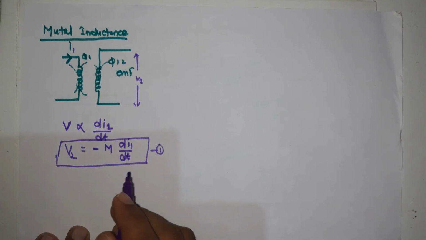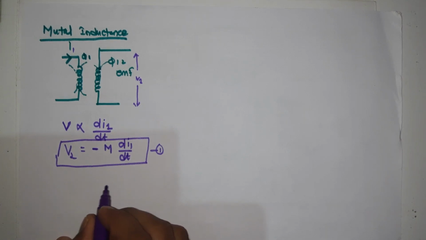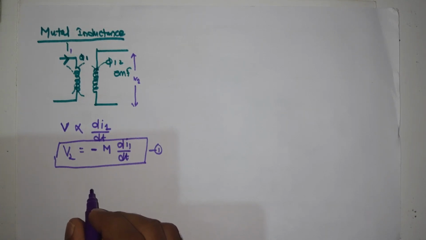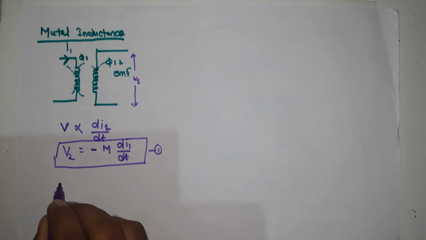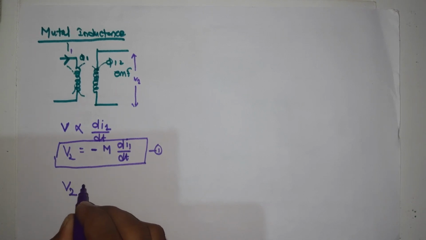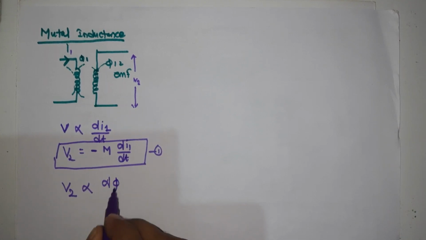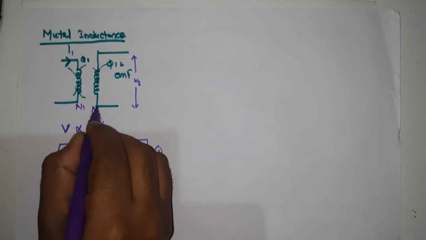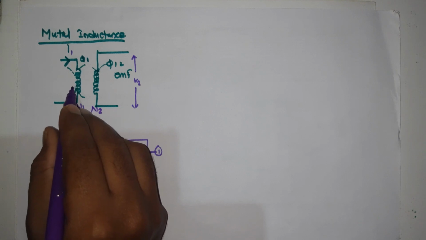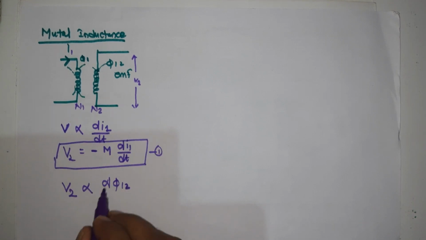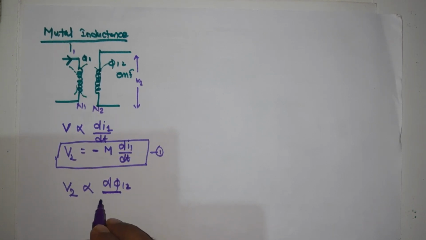Next, we can also write this V2 directly proportional to d phi 1 2 by dt, with N2, the number of turns in this coil.